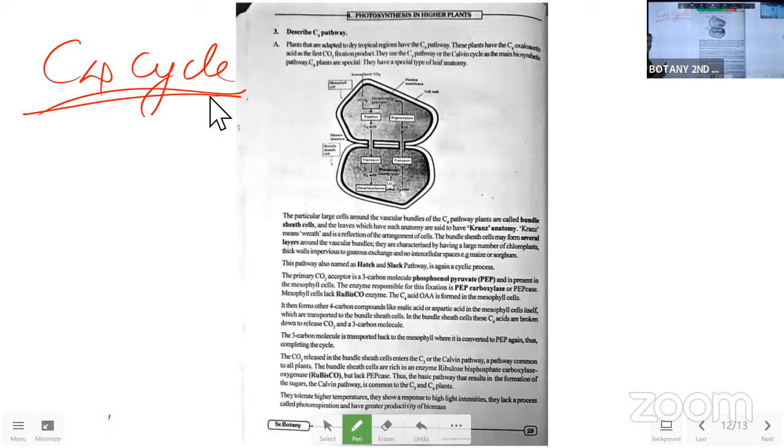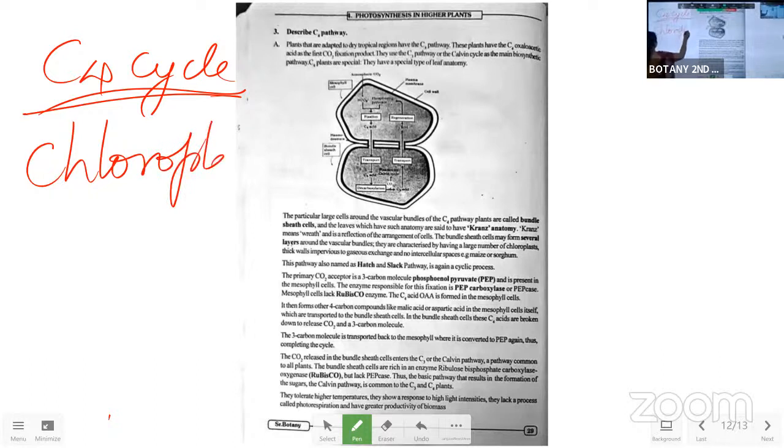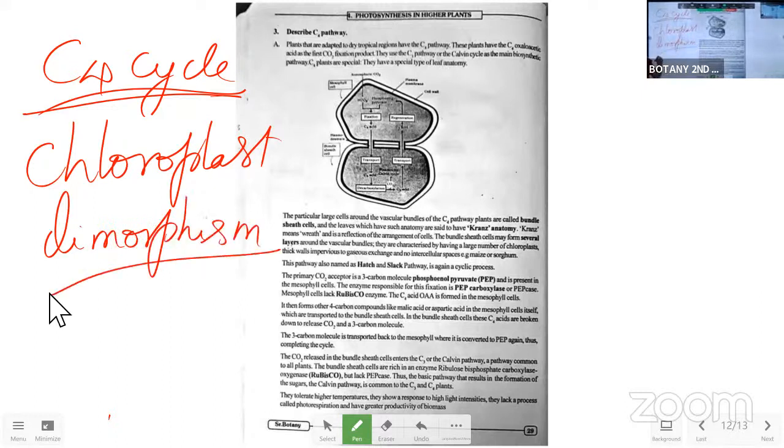This C4 cycle occurs in the mesophyll cells of the leaf, which show chloroplast dimorphism. What is meant by chloroplast dimorphism?